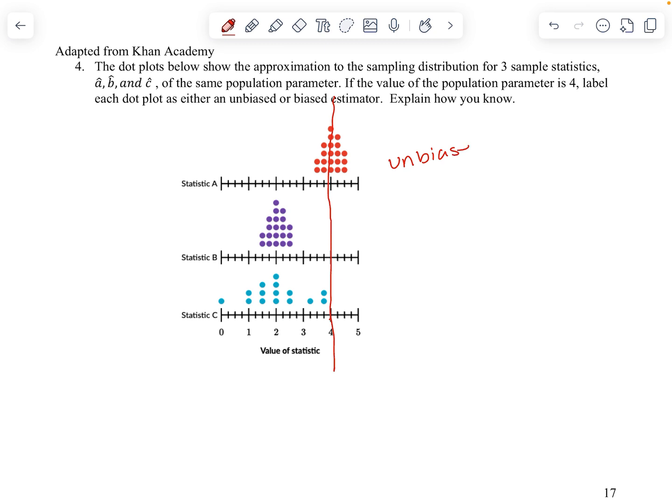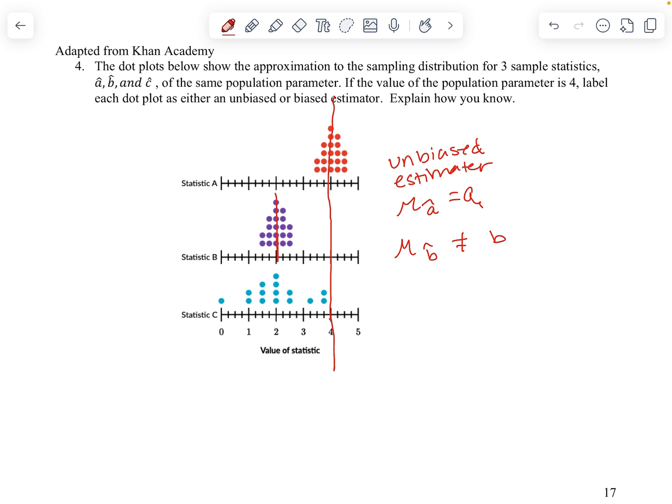This one is unbiased because the mean of all the sample statistics for A, we don't know what kind of sample statistic it is, but the mean of all the sample statistics for A is the same as the population parameter. Whereas here, the mean of all the sample statistics for B does not equal the population parameter because it equals about 2, right?